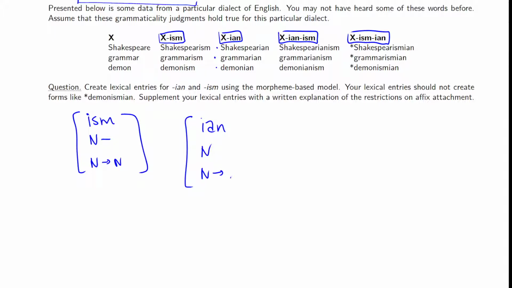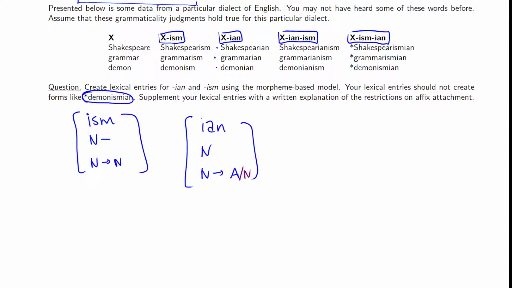So really, we have two -ian morphemes here, but we won't have to worry too much about that. We can just do something like this for the sake of abbreviation, because that's not really the point of this problem. The point of this problem is to create some analysis where we cannot get demon-ism-ian.